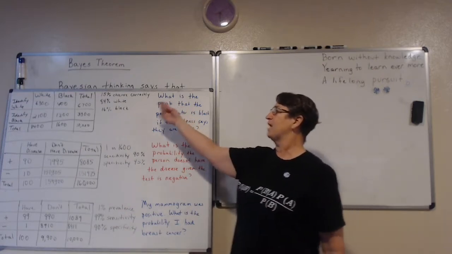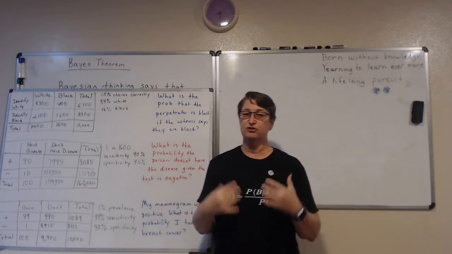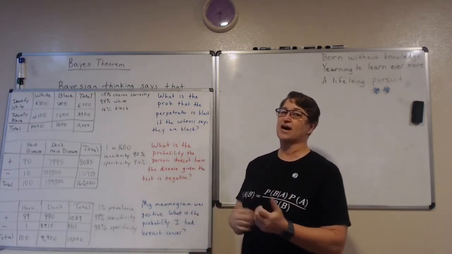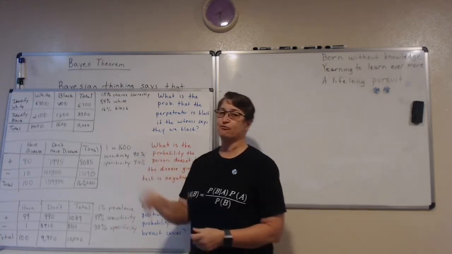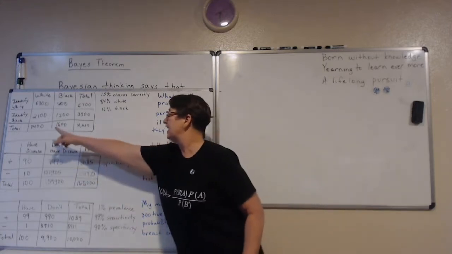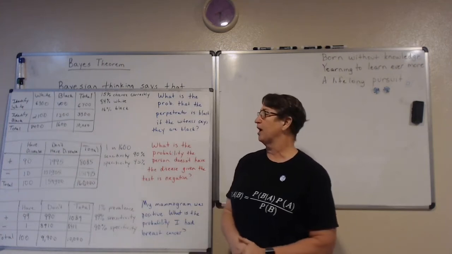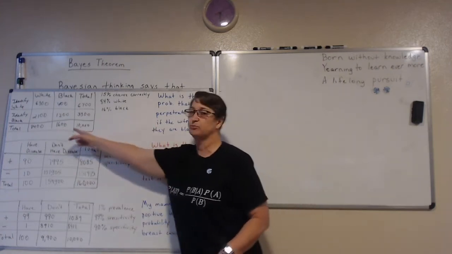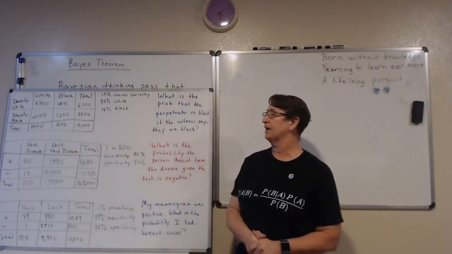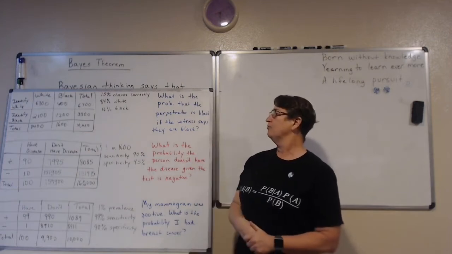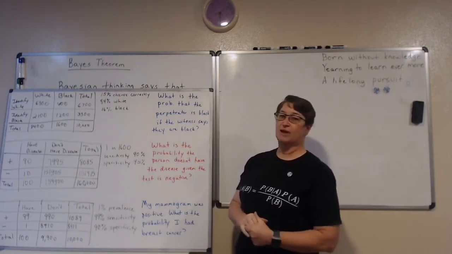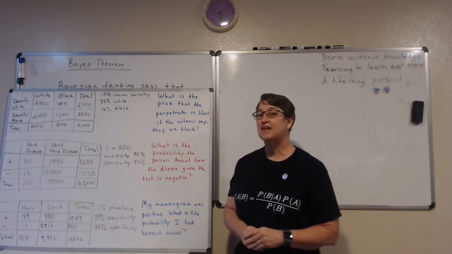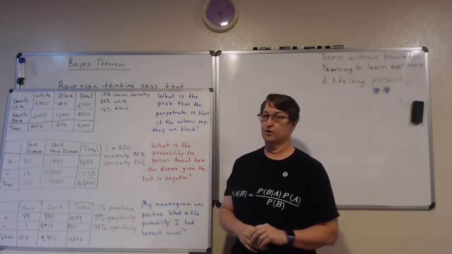There's a 75% chance that the person who's identifying the suspect gets the race correct. And we know that from the population, 84% of that particular population is white and 16% of the population is black. And I want to know, what's the probability that a perpetrator is black if the witness says they're black?